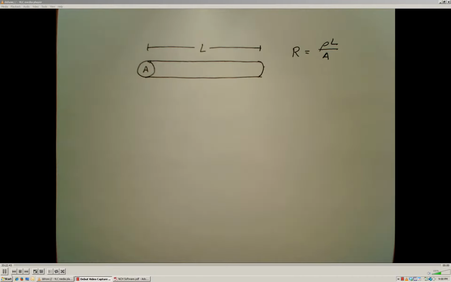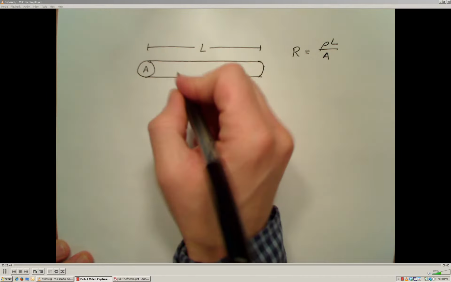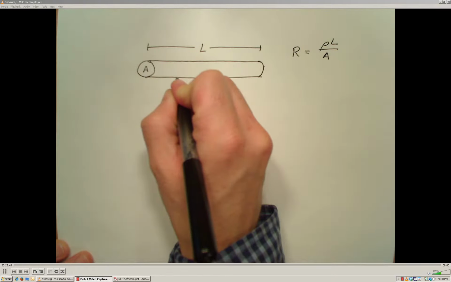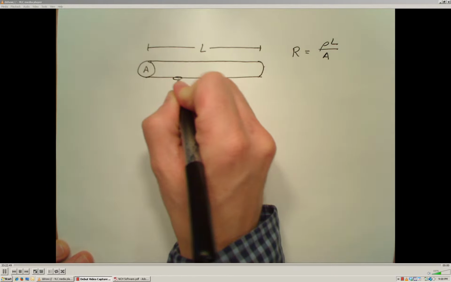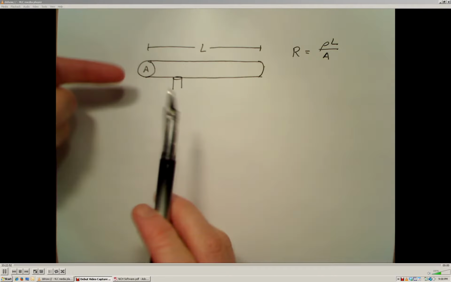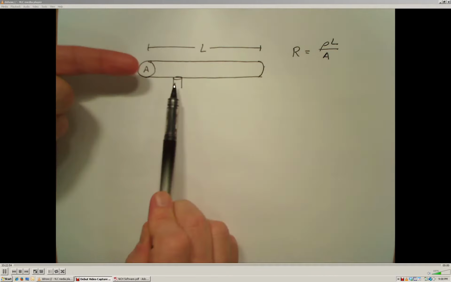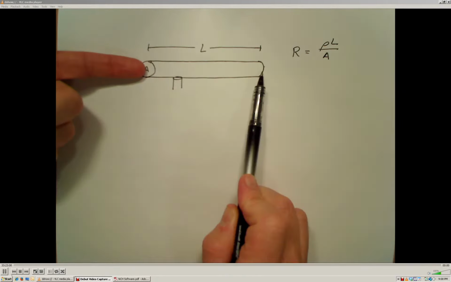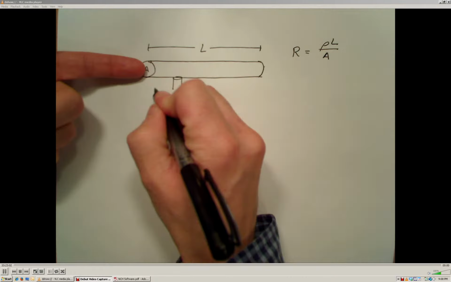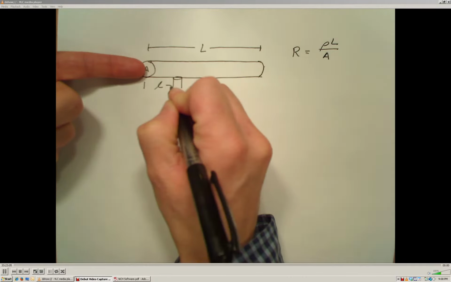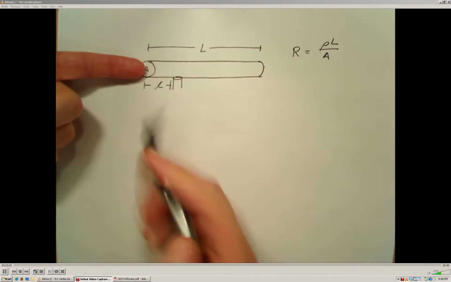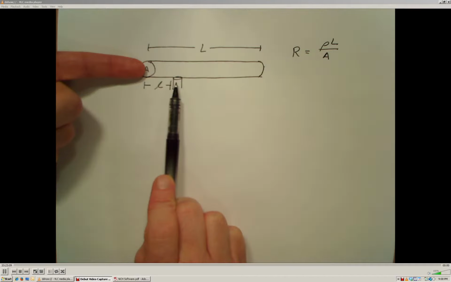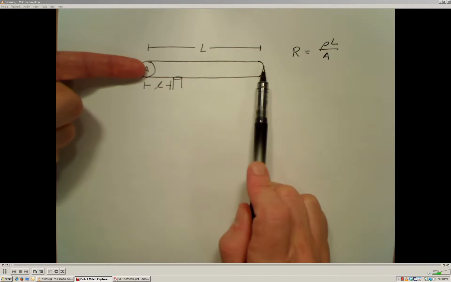Now, if we wanted to, we could imagine putting another conductor or another wire in here and measuring from this point to this point. But since the length is not the total length, it's only, let's say, little l from here to here, the resistance between these two points is going to be smaller than the total resistance of the entire length of wire.